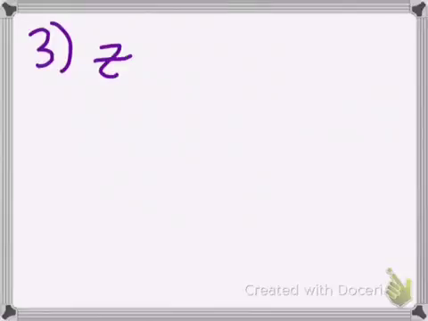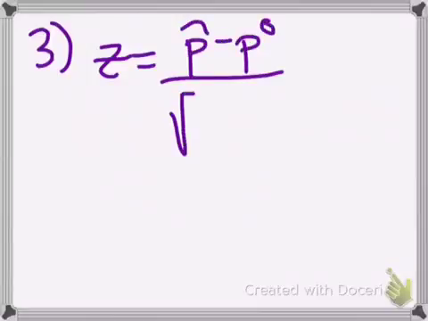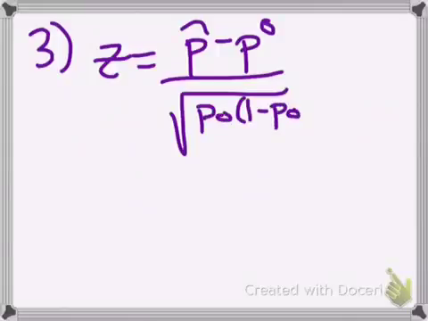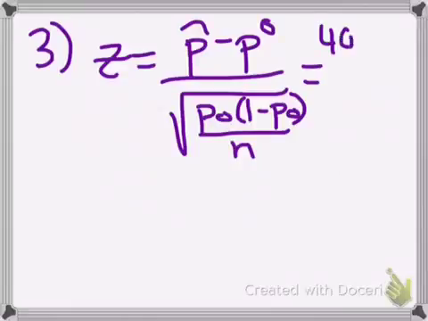Step 3, we start with our formula, Z equals P hat minus P naught divided by the square root of P naught times 1 minus P naught divided by N. And if you remember, P hat is success over total.